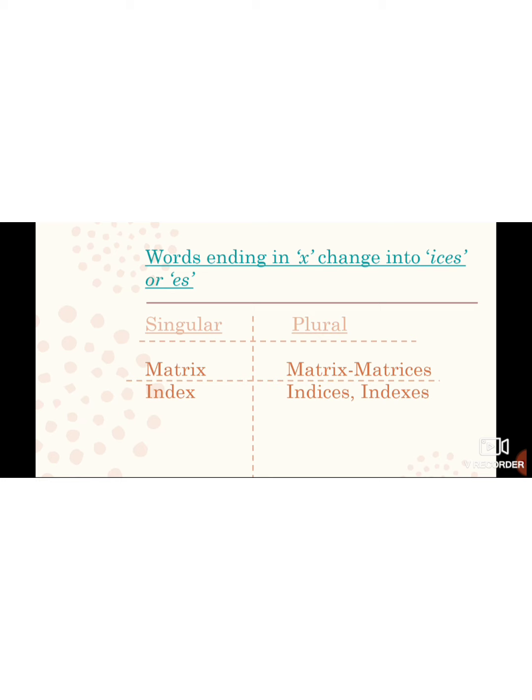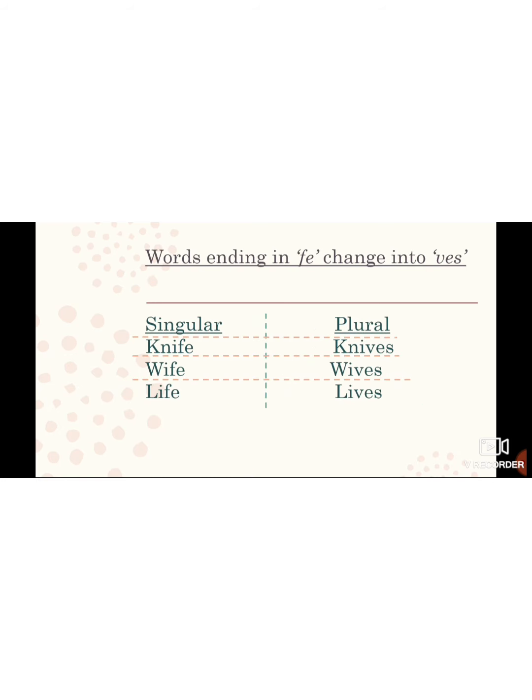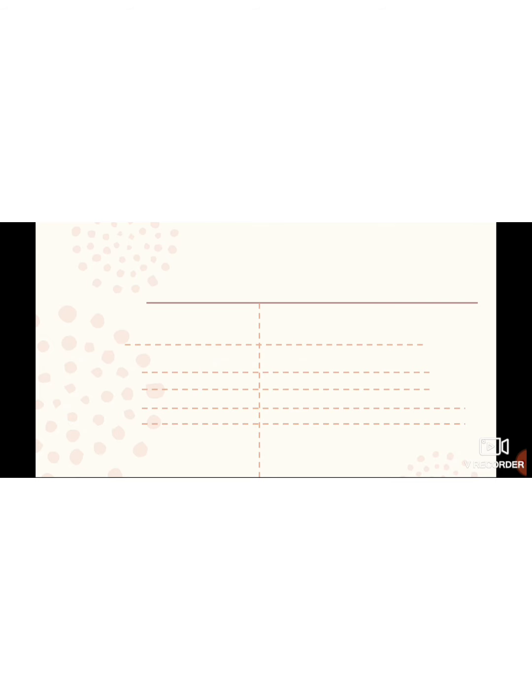Then words ending in -x change into -ices or -es to form a plural noun. Matrix, matrices. Index, indices and indexes. Then words ending in -fe change into -ves. Knife, knives. Wife, wives. Life, lives. This is also an important one.